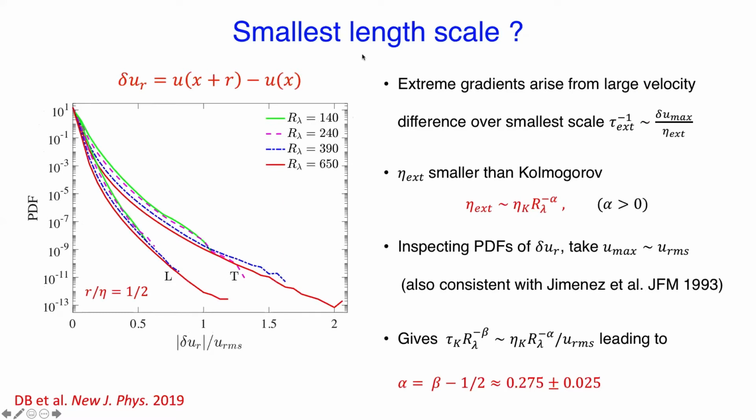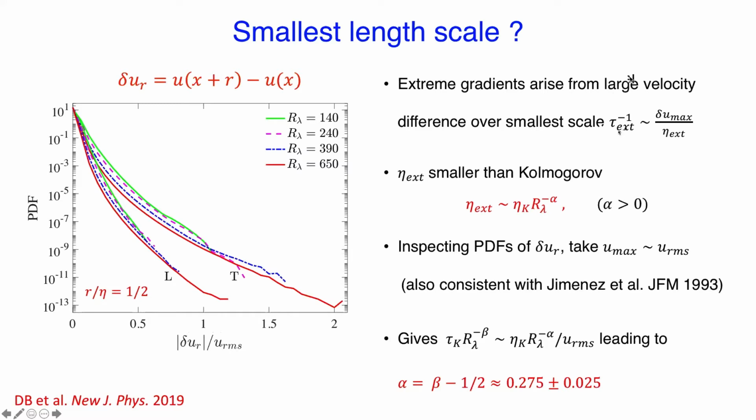So the question is, what is this tau x? The tau x is the smallest time scale of the extreme events in the flow. The next question which follows is, what is the length scale? We can derive that by realizing that the extreme gradients arise from large velocity differences over the smallest scale, which we can write like this.